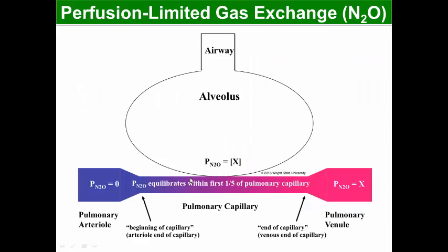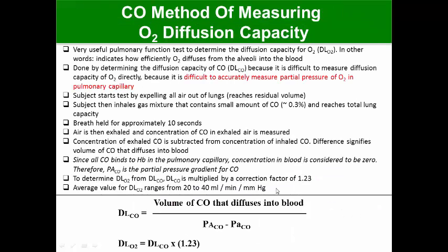So, by only 1/5 of the pulmonary capillary, remember oxygen takes 1/3 of the pulmonary capillaries to get equilibrated. Nitric oxide gets equilibrated within the first 1/5 of the pulmonary capillaries.